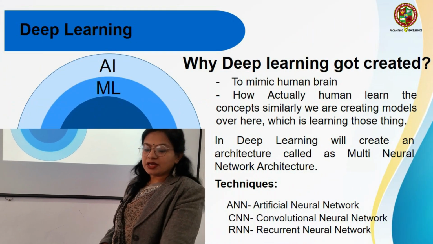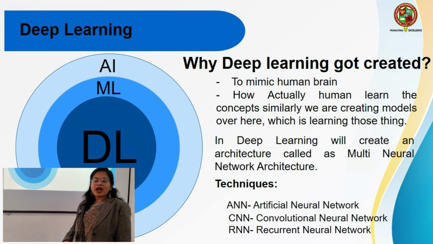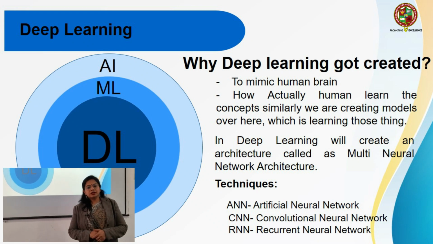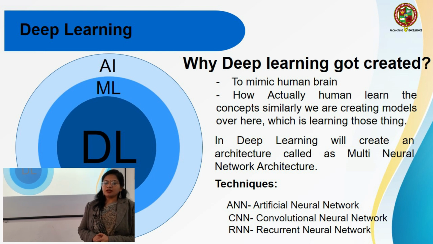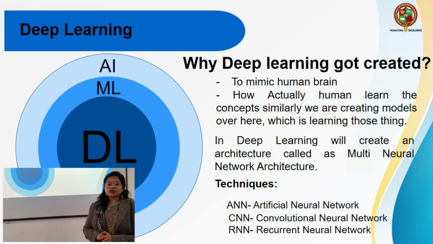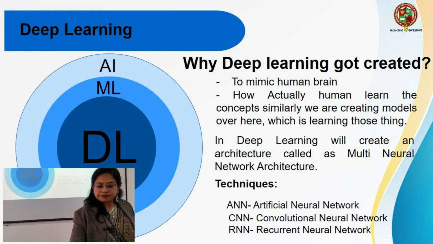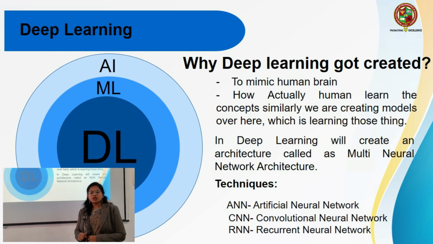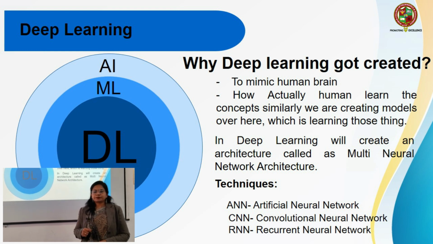So basically in the deep learning concept, we try to mimic the human brain, how humans actually learn a concept. Similarly, we are creating a model over here which is learning those things. So in deep learning, we create an architecture called multi-neural network architecture.